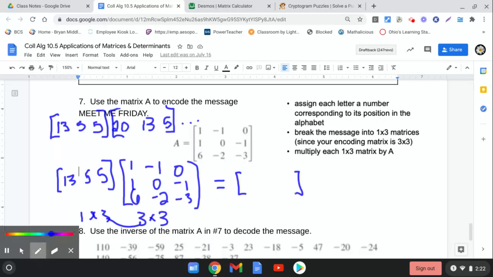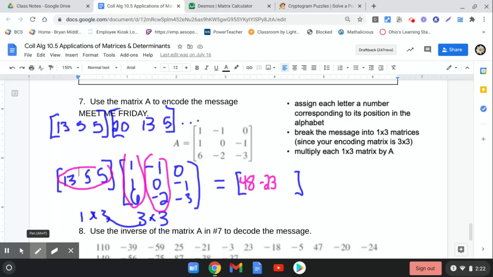To do this, we're going to take row 1 by column 1. So that's 13 plus 5 plus 30. So that's 48. And then row 1 by column 2, that gives me negative 13 plus 0 plus negative 10, so negative 23.